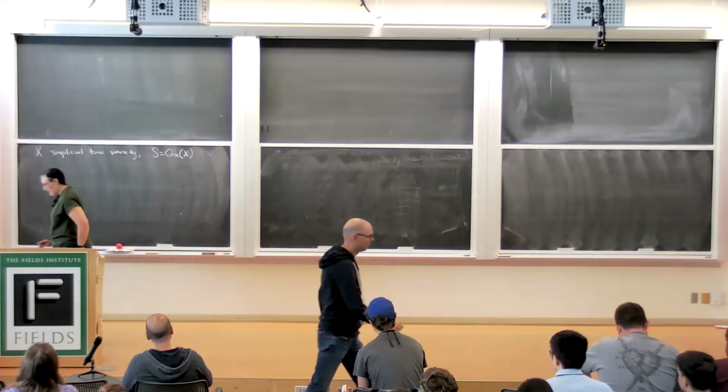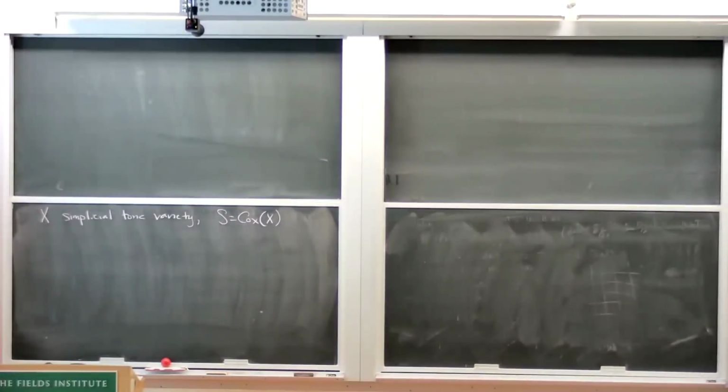We've been talking about multigraded modules and how they often correspond to geometric objects in nice settings. In particular, we're thinking about simplicial toric varieties. Our hope is to use our understanding of multigraded modules and their syzygies to extract geometric information.